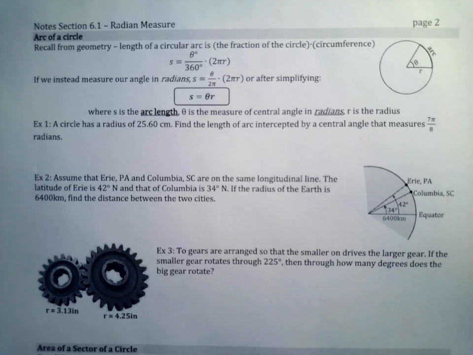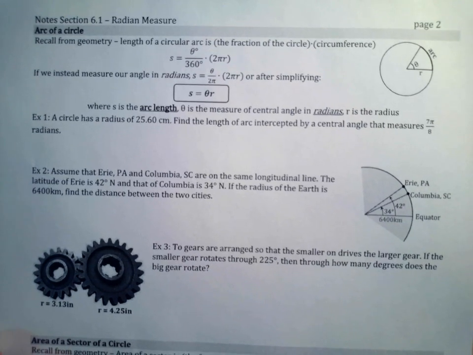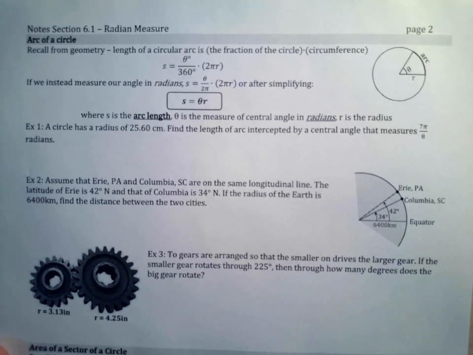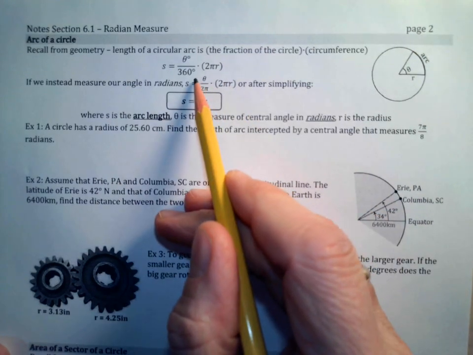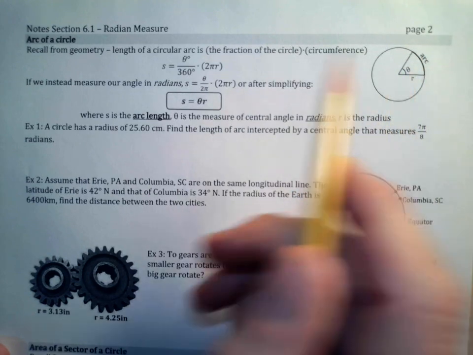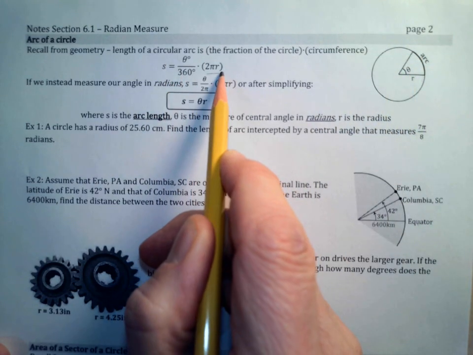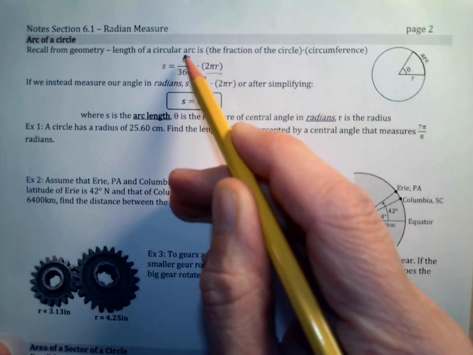Part of the reason that radian measures were developed back in the 1700s and people started using them was because it made some formulas a little bit easier. If you remember from geometry, to find the arc length of a circle, we would take the circumference, 2 pi r, times the central angle over 360.